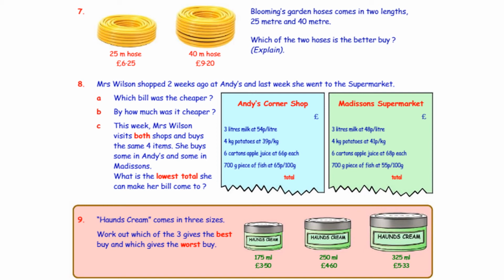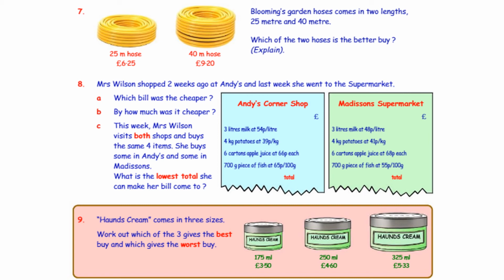And then this week, Mrs. Wilson visits both shops and she buys the same 4 items. She buys some in Andy's and some in Madison's. Now, your job is to get the cheapest items.